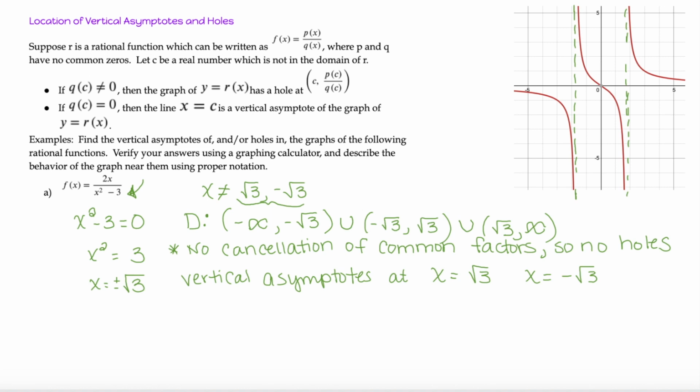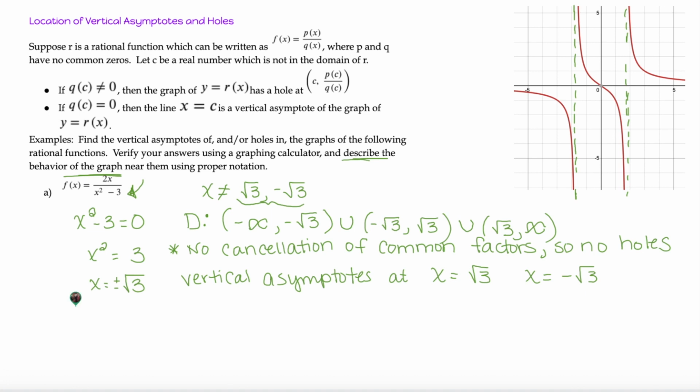I can easily then describe the graph, because notice it says describe the behavior of the graph at those locations. So this is where we're going to utilize as x is approaching, this is what's happening. Let's start with, I'll use a different color, let's start with our negative square root 3 asymptote.